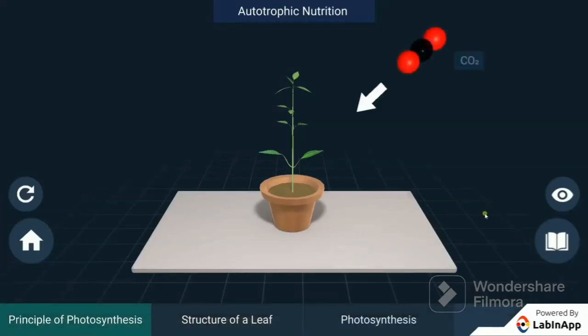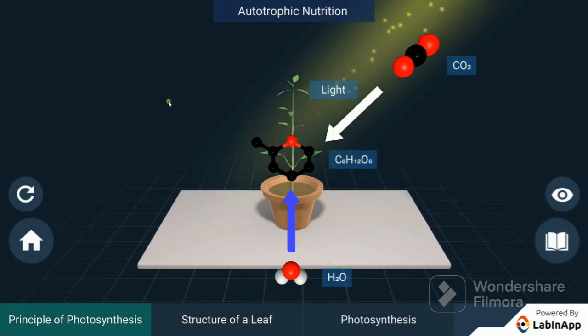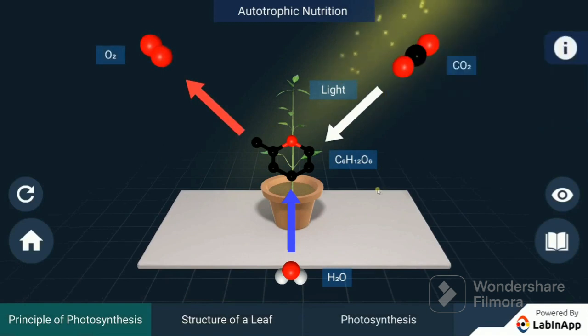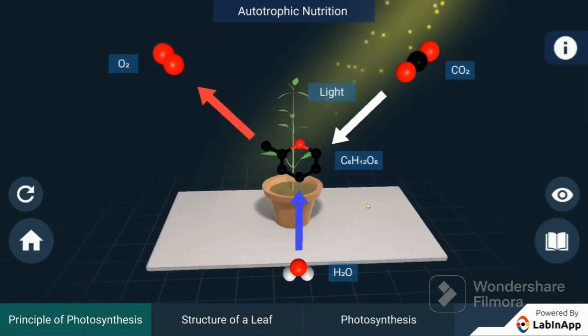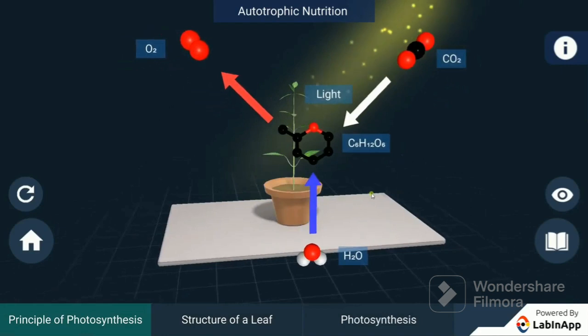Autotrophic nutrition is a process by which autotrophs take in substances from the outside and convert them into stored forms of energy. Let's study autotrophic nutrition in plants. Plants absorb carbon dioxide and water from the outside and convert them into carbohydrates in the presence of sunlight and chlorophyll. This process is called photosynthesis.